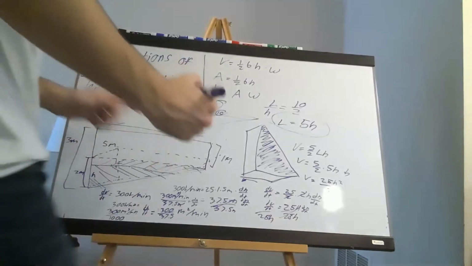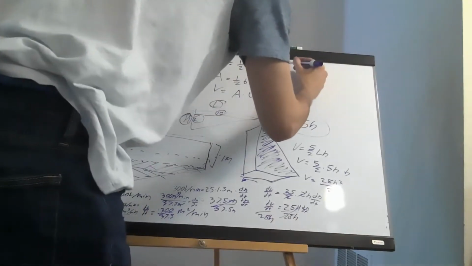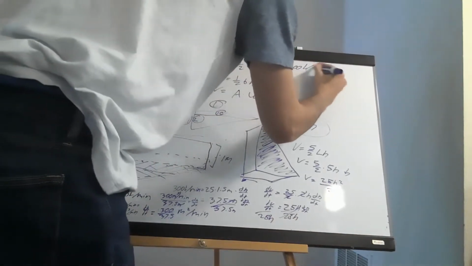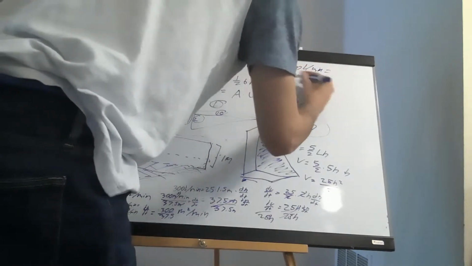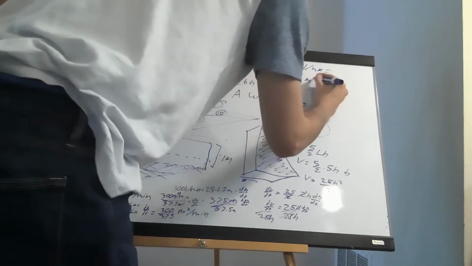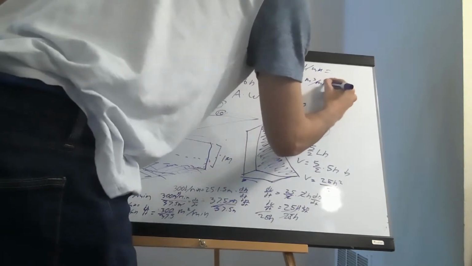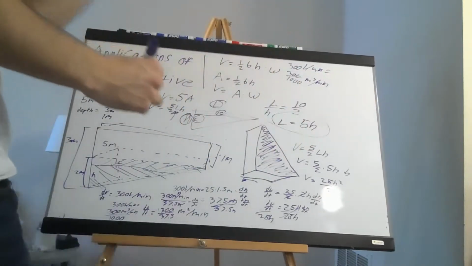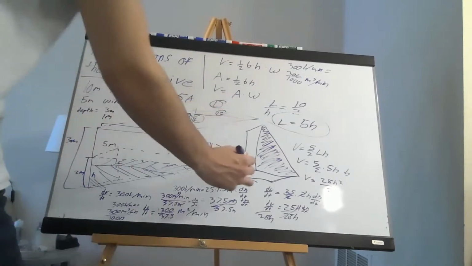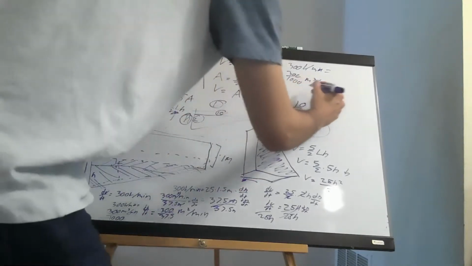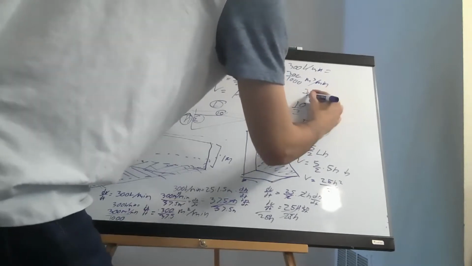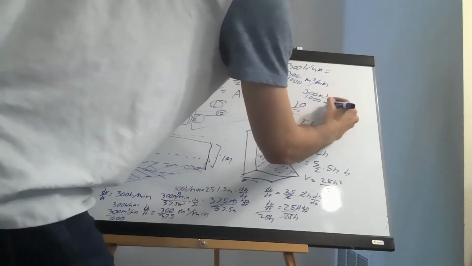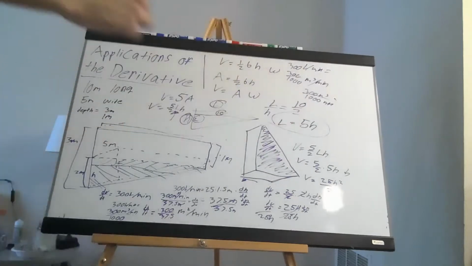So the final step is, we want to convert 300 liters per minute, which equals 300 over 1,000 meters cubed per minute. So now we've got that. That's dV/dt. Now we're going to take that 300 meters cubed over 1,000 minutes and do a little flip.